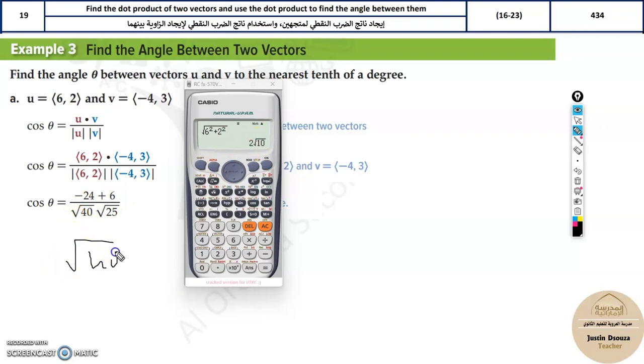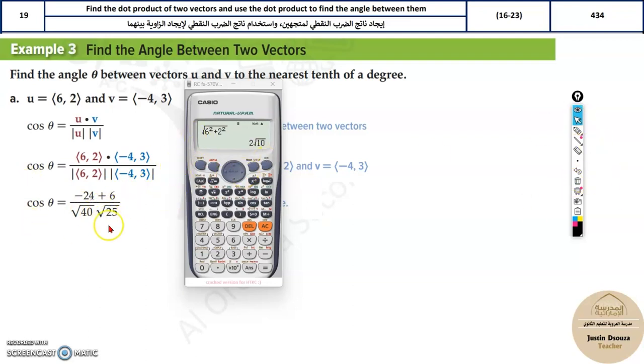Root 40 can be written as 4 into 10, and 4 can be taken out of the square root as 2, with the remaining root 10. However, whichever is simpler, you can keep it as it is or simplify. And over here also it is 4 squared, 16, plus 9 is 25, so square root 25.